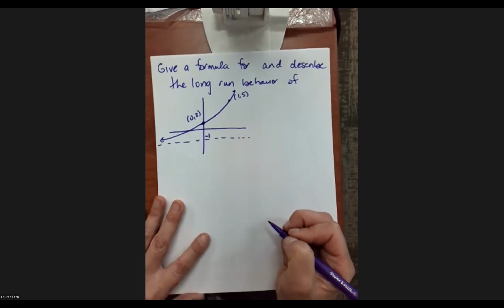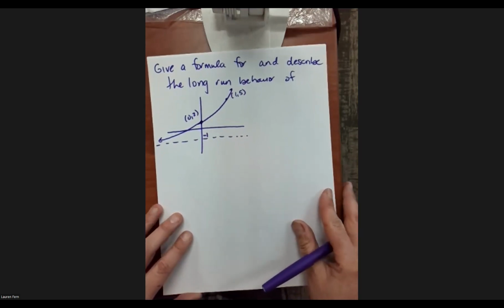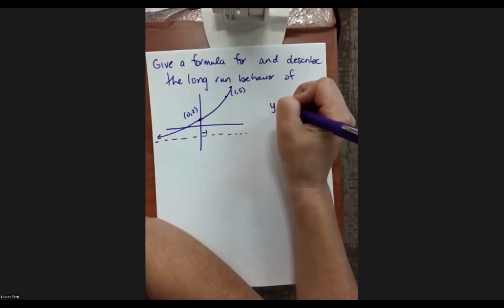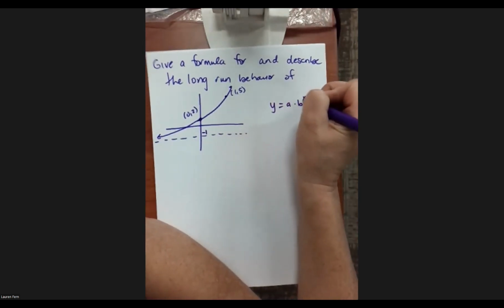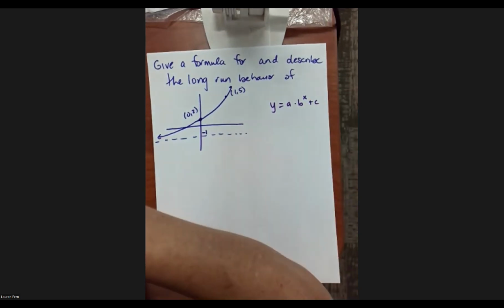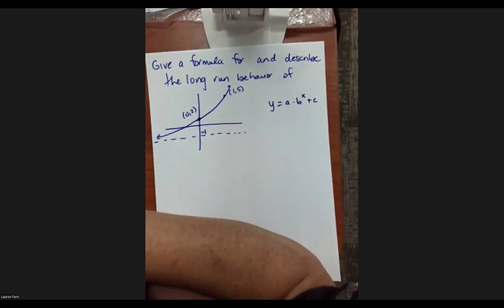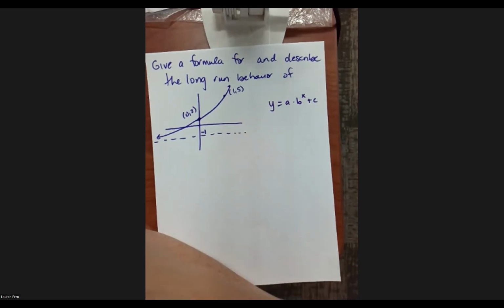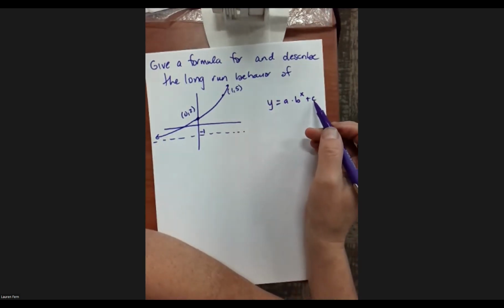And that's the value of -1. So when you want to give the formula, you need to find A, B, and C. Going back to what we just had, we saw that C was our horizontal asymptote.